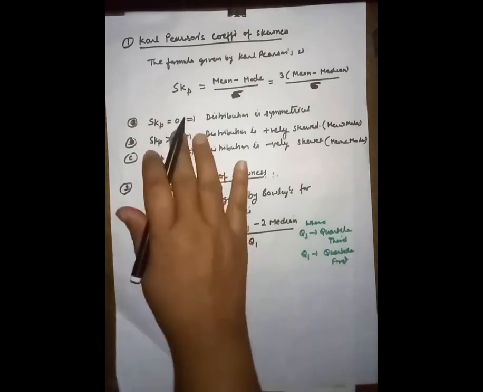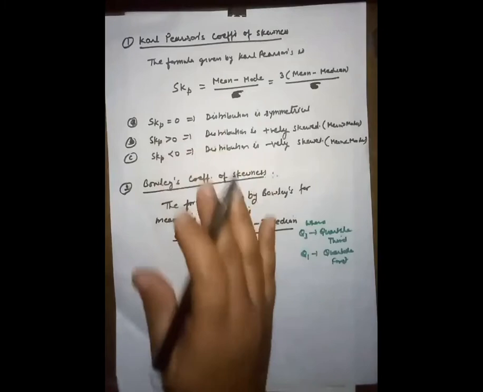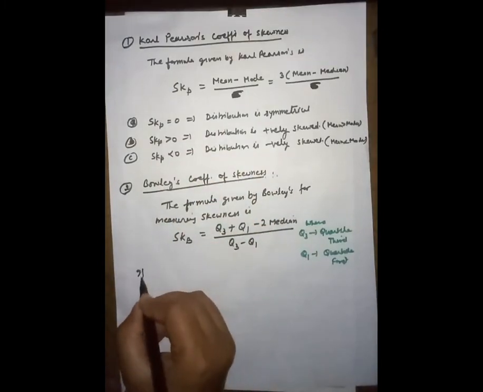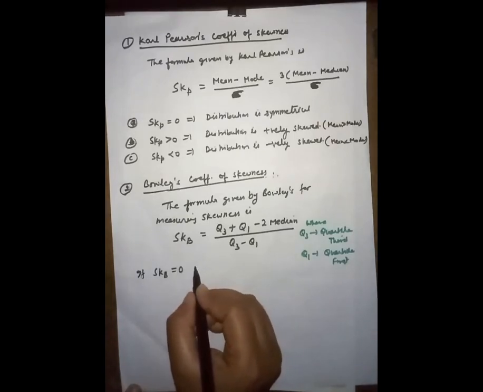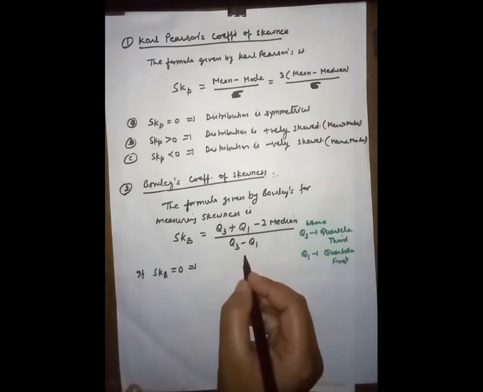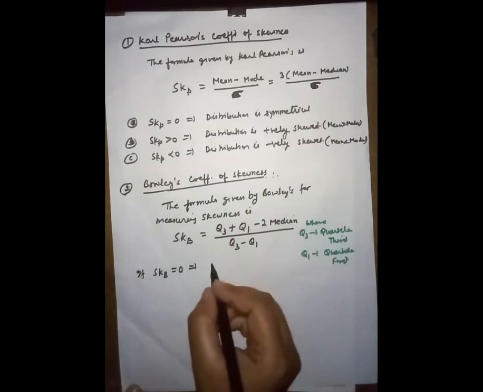Similarly, just like Karl Pearson, if SKB is equal to 0, it is a symmetrical distribution.